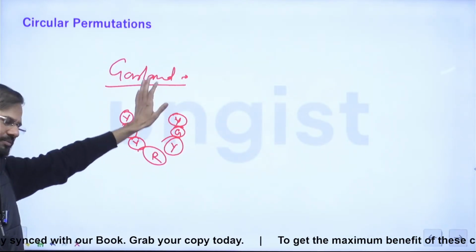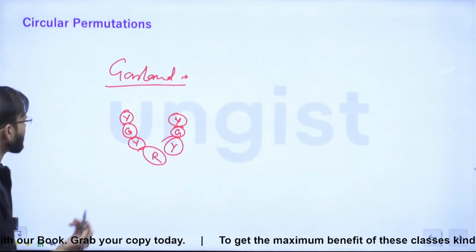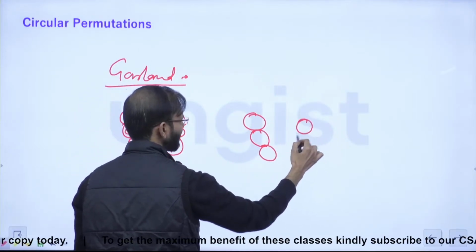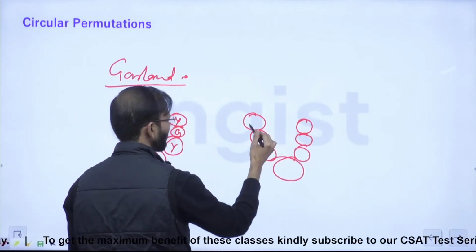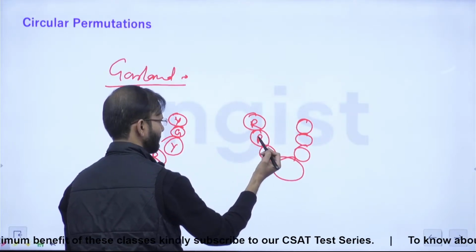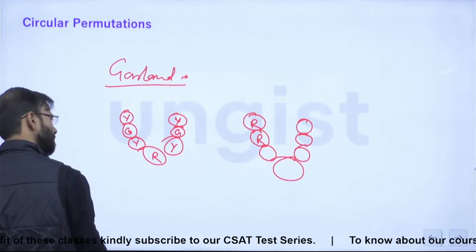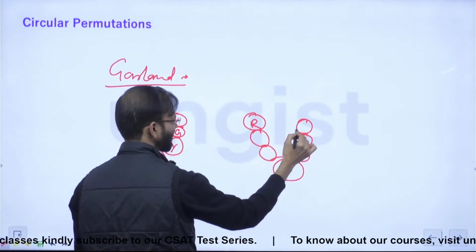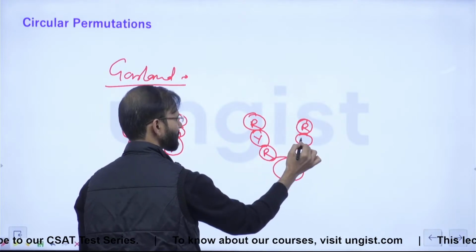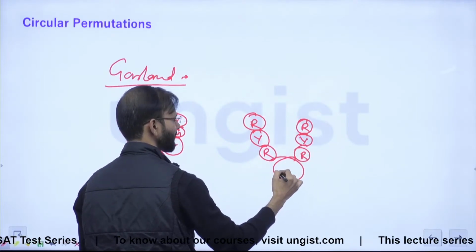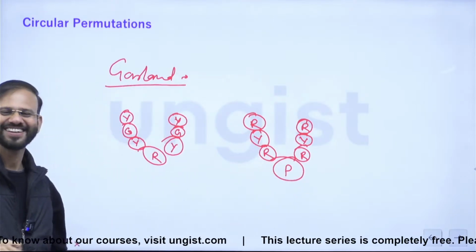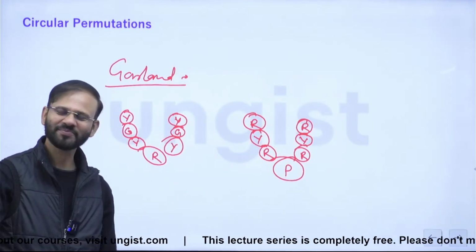Suppose you have 3 different flowers in the garland. If this is red, this should be red. If this is yellow, there should be yellow. If this is pink, there should be pink. Or white also they can be.